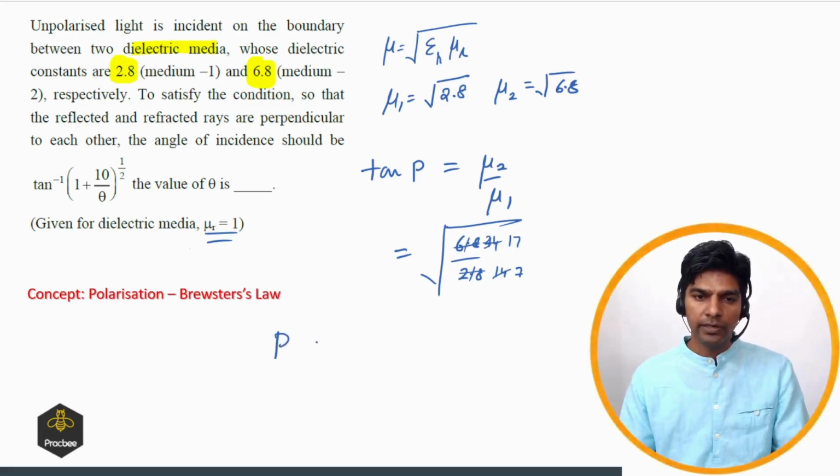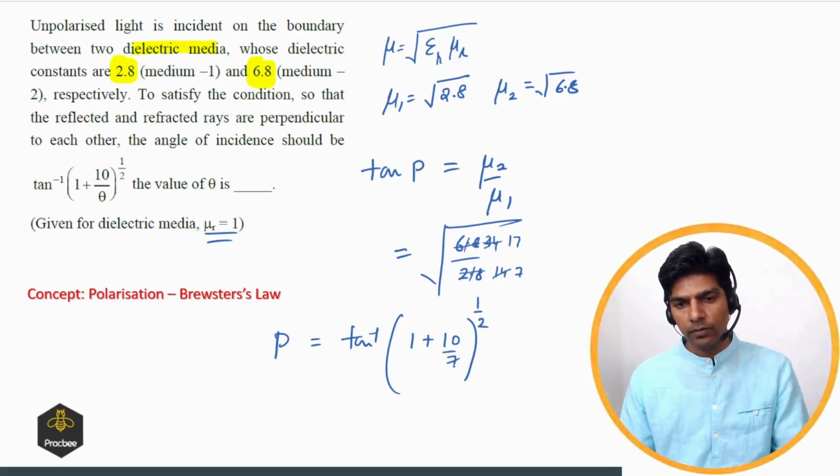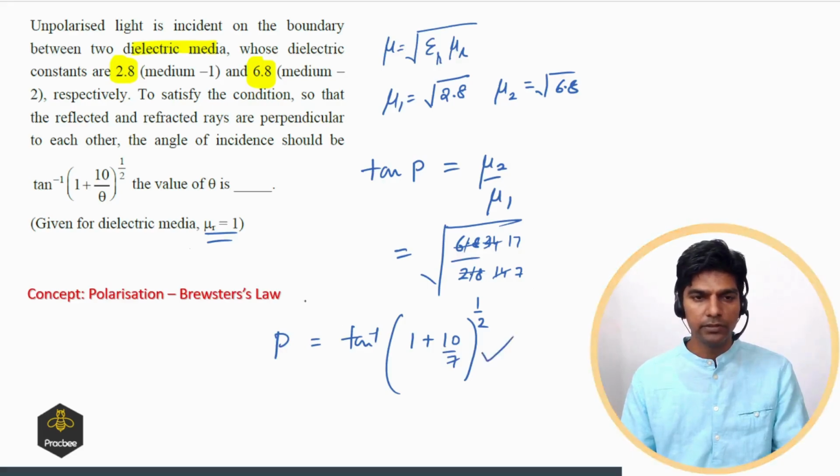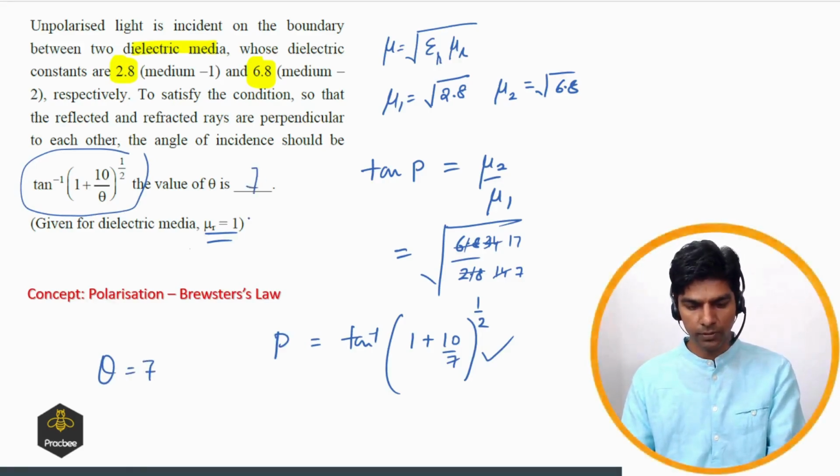So we can say the polarizing angle will be tan inverse of 1 plus 10 by 7 raised to power 1 by 2, right? I can write 17 by 7 as 1 plus 10 by 7. So if you compare this result with the given in the question, theta comes out to be 7. So 7 is the answer of this question.